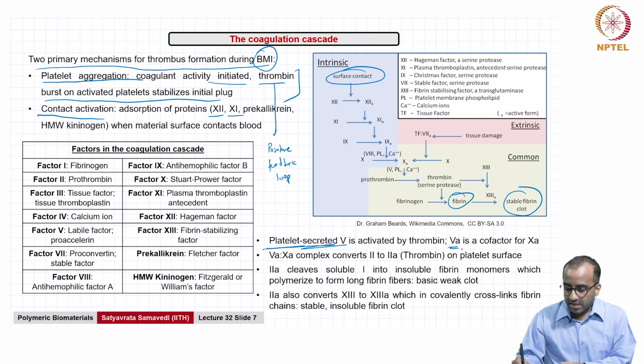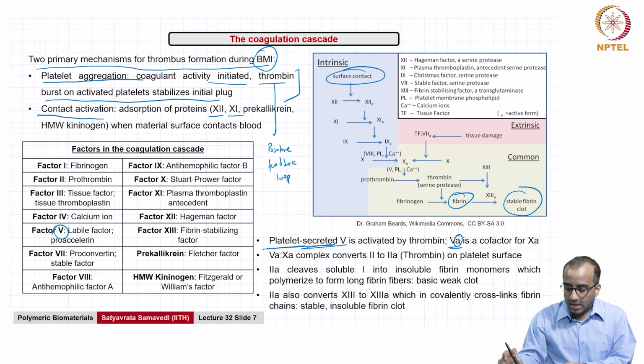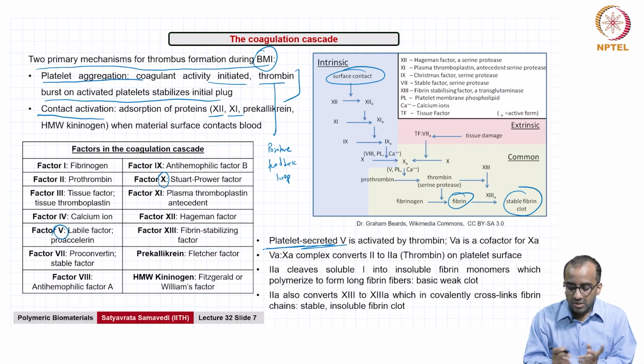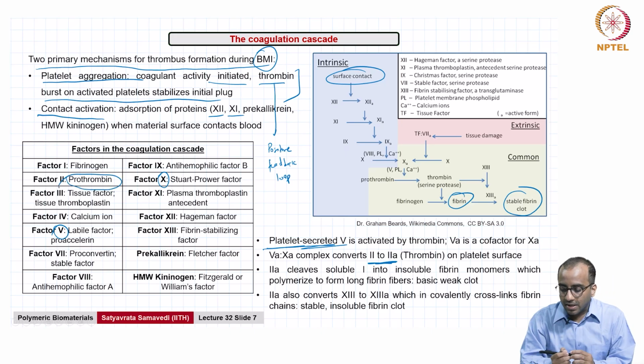And 5A, where the A simply indicates the activated form of factor 5, happens to be a cofactor for 10A. 10A is this in the activated form. So, the 5A and 10A together form a complex which converts 2 to 2A, essentially prothrombin to thrombin. And this happens on the platelet surface.